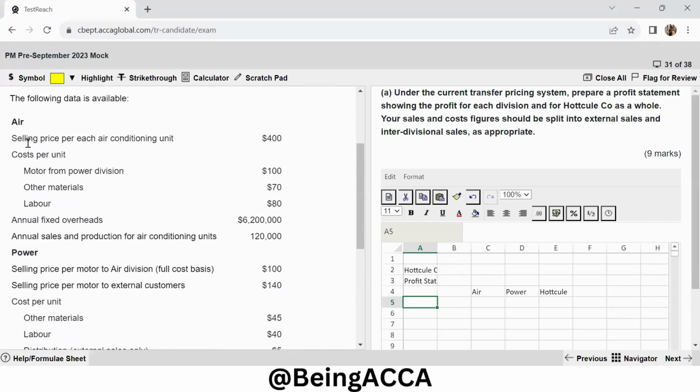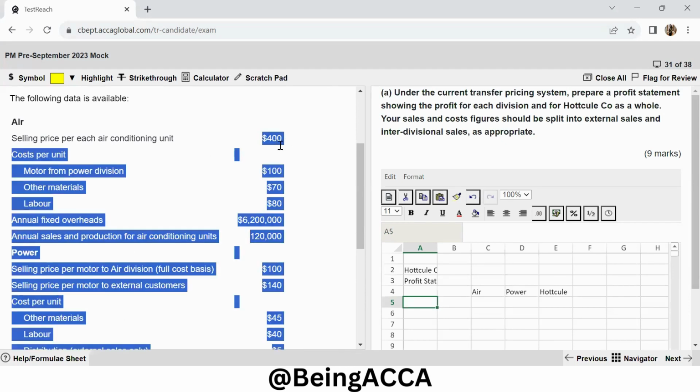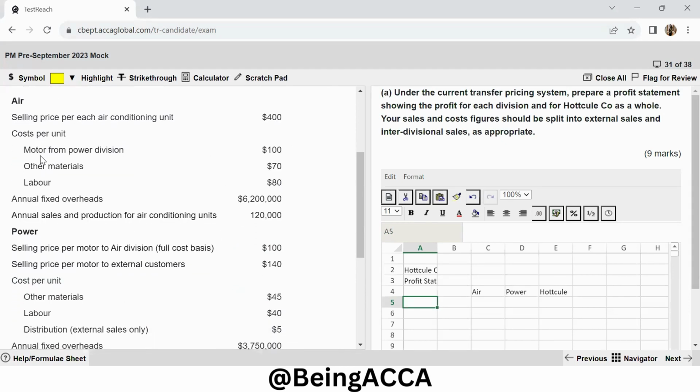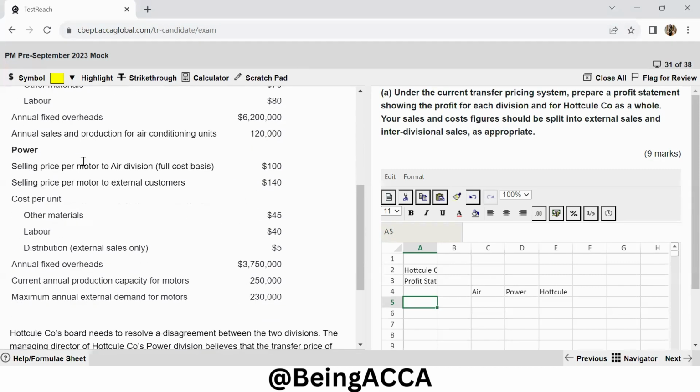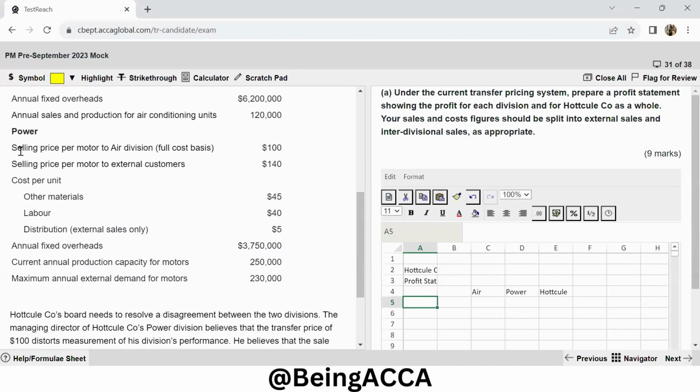So for air, the selling price per each air conditioning unit is $400. We have the cost per unit. So motor from power division we are buying, this is for $100. Other material, labor, annual fixed overheads, annual sales and production for air conditioning units. For the power division, we have a selling price per motor of $100. This is on the full cost basis. Selling price per motor to external customers is $140.